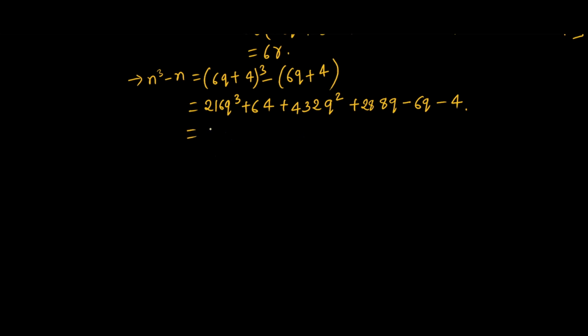So we will get 216 q cube plus 432 q square plus 288 minus 6, so 282q plus 60.